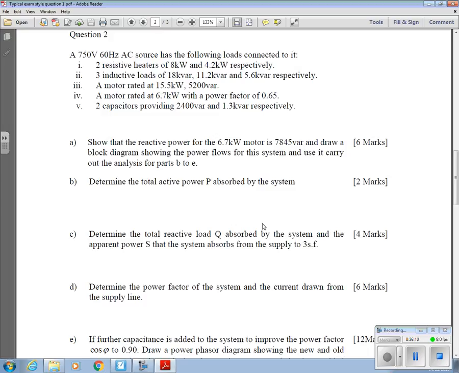Once you've answered B and you've got the total Q for part C, how are we going to find the total S? When we've got P and Q, how do we find S? We use Pythagoras' theorem. Yep, so another 4 marks. Determine the power factor and the current drawn from the supply line.